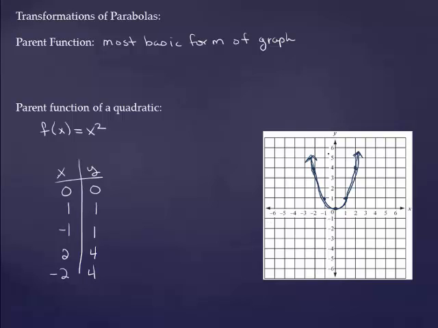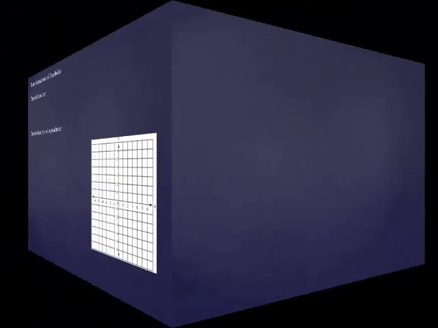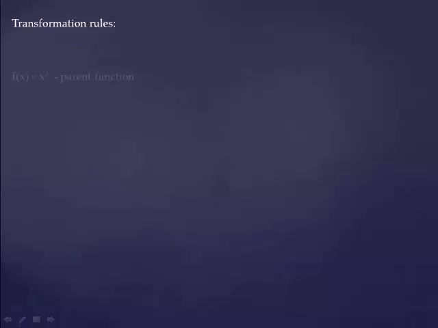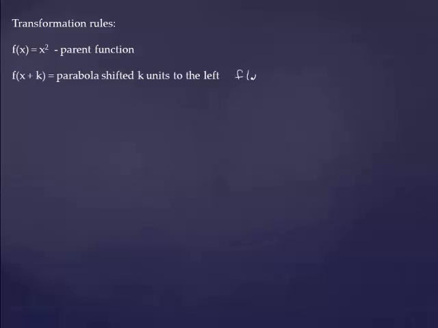Now, anything that causes this to change, if it moves over, if it flips over, if it moves up or down, if it gets fatter or skinnier, is called a transformation. And we have some transformation rules. F of x is equal to x squared is the parent function. That's the most basic shape. If we add k before we square, so this would be f of x plus k is equal to x plus k squared.